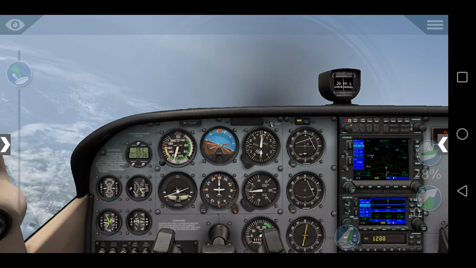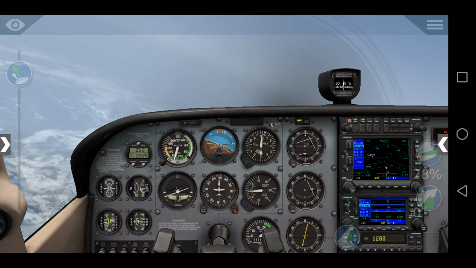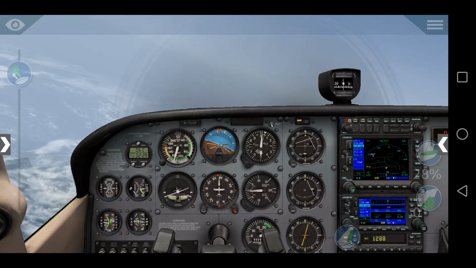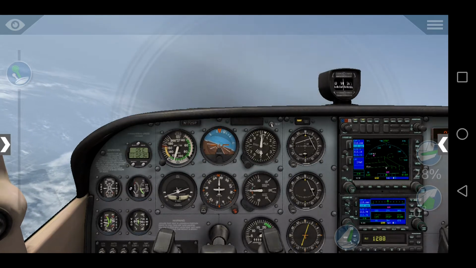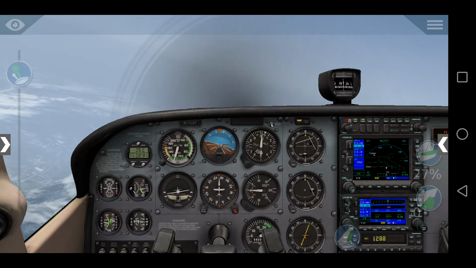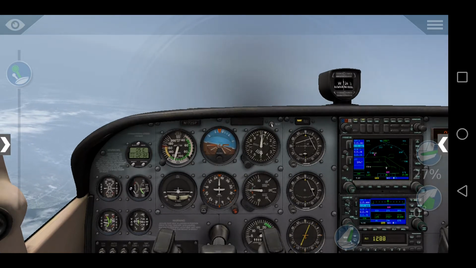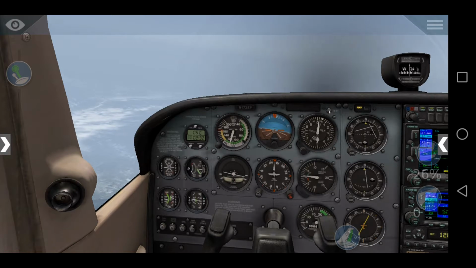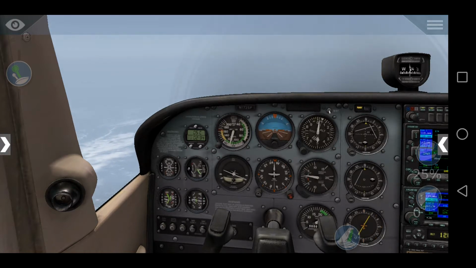Now the localizer gives us our lateral guidance on our course as we approach into the airport, and as we get closer we will intercept the glide slope, and then the aircraft will be directed down on a three-dimensional precision course with both vertical and lateral guidance.